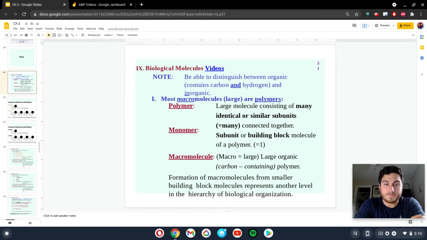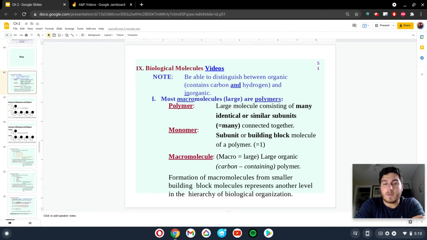So, another vocab term: a macromolecule is a macro, large molecule. And these are made up of polymers. So let's break down those terms as well. A polymer is any large molecule that consists of similar subunits. A subunit is an annoying word because whenever you hear subunit, you wonder what it is. And that's exactly it. It depends.